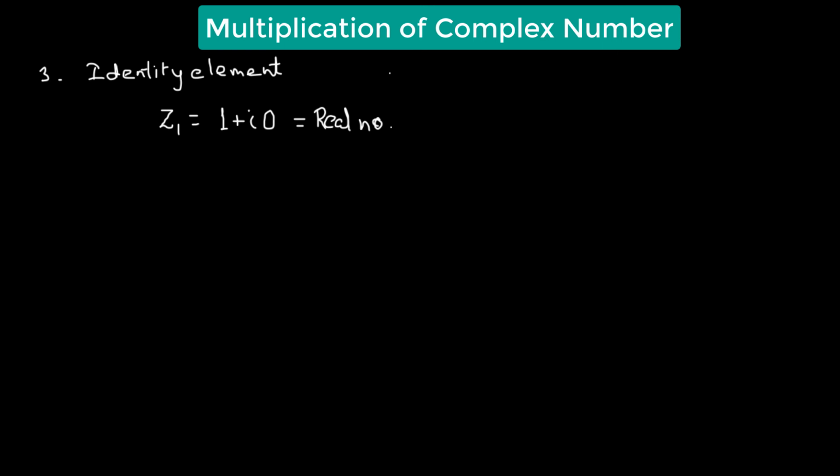Now, if we have a general complex number z given by a plus i times b, then we take the product of z with z1. So let's do the multiplication.